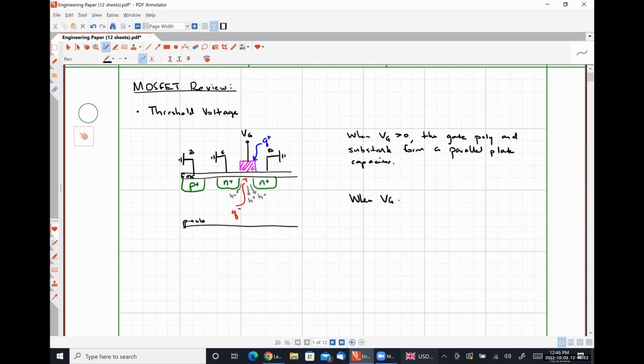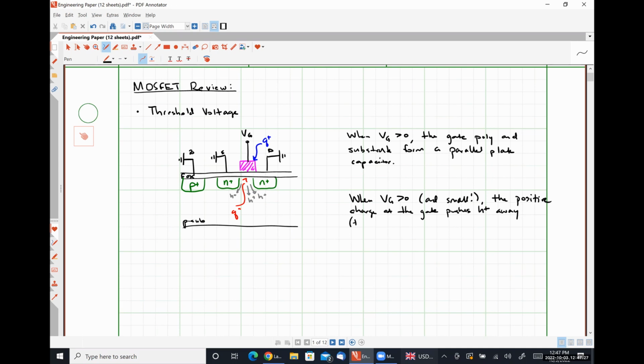When VG is greater than 0 and small, the positive charge at the gate pushes holes away.